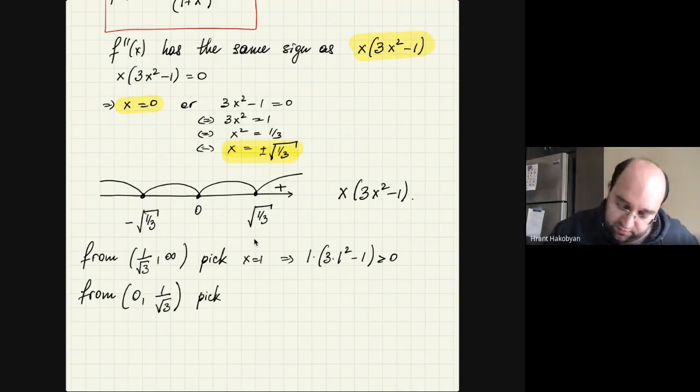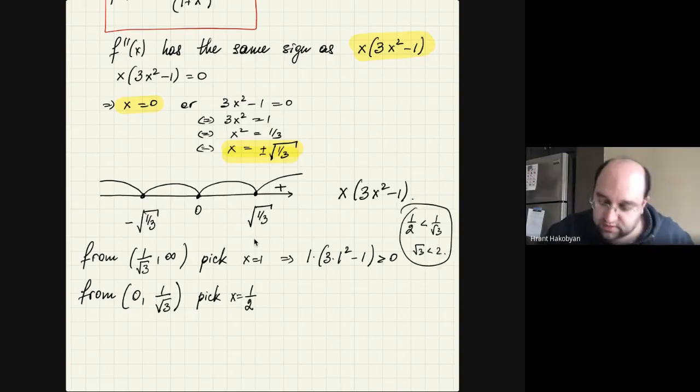Why is 1/2 smaller? Because I want to show it's less than 1 over square root 3. If you cross multiply, you're going to get root 3 is less than 2, and you can just check that that's really the case.